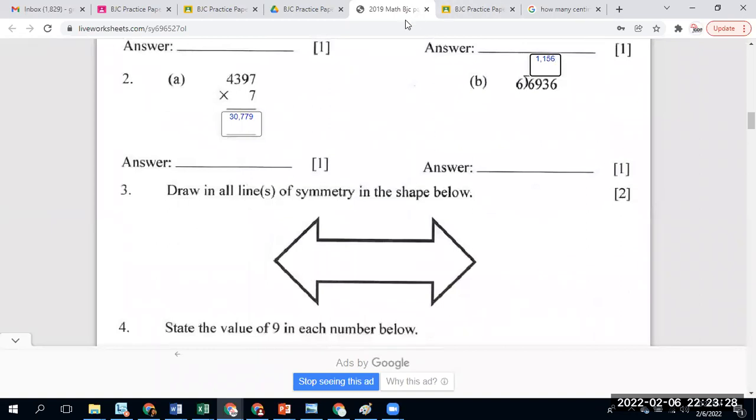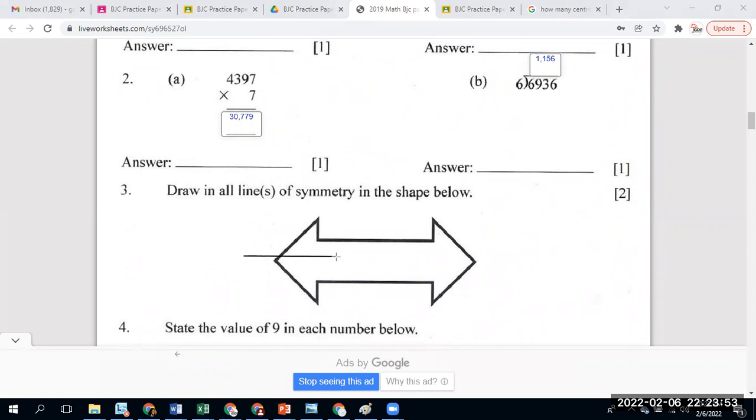Lines of symmetry. Okay, let's see here. I want to draw a line. Can I annotate? I can annotate. Okay. So our lines of symmetry, we're just going to draw those in.